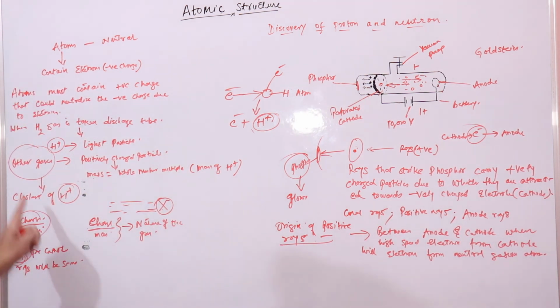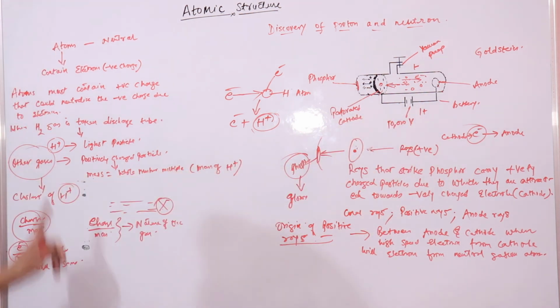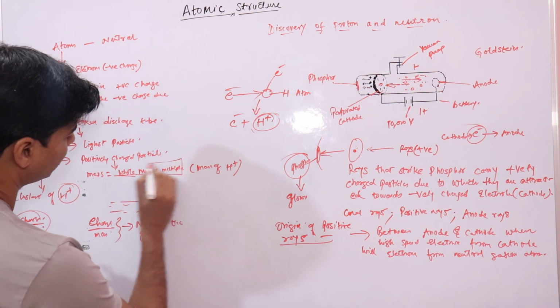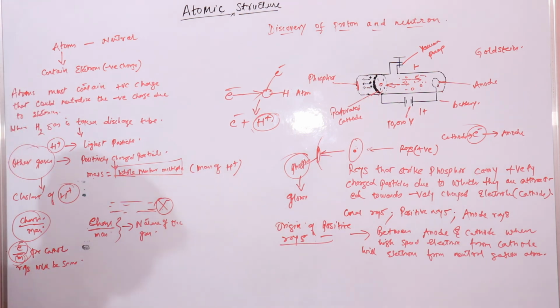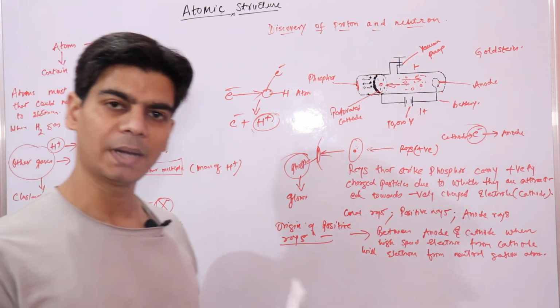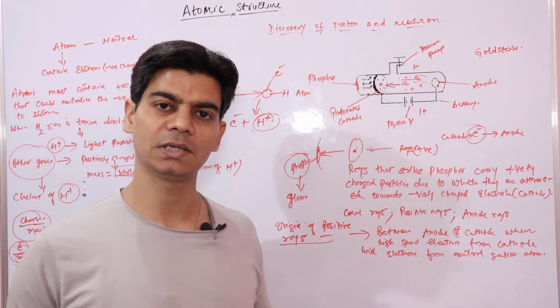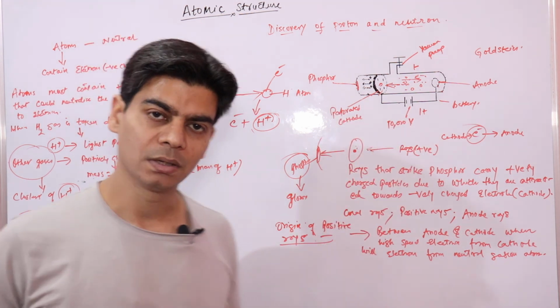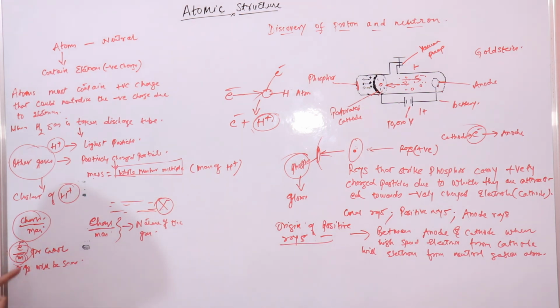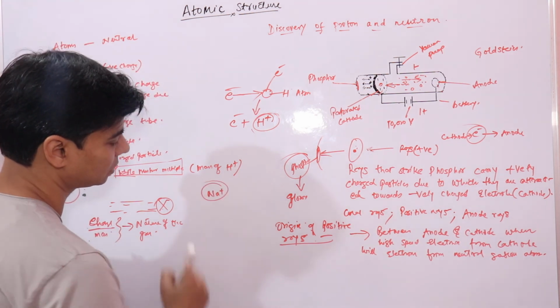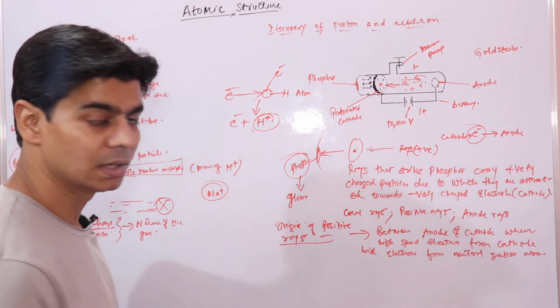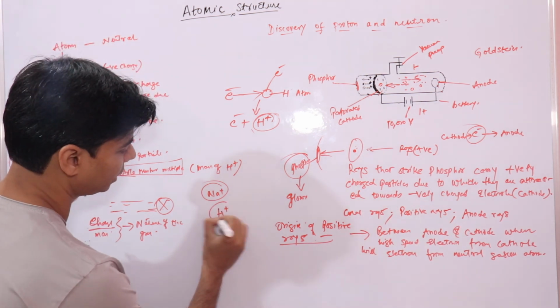How does it depend on the nature of the gas? After this discussion, it is clear that the mass of other gases taken in the discharge tube was found to be a whole number multiple of the mass of hydrogen ions. That means the mass of any other gas is different from the mass of a proton. The mass in the case of gases is not the same like in the case of electrons. Suppose I take a sodium ion, we know that the mass of this sodium ion is different as compared to a hydrogen ion.